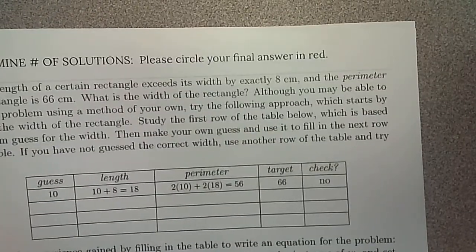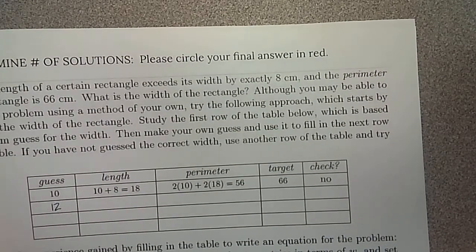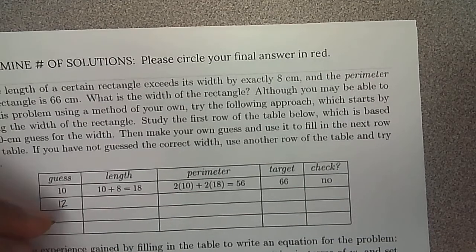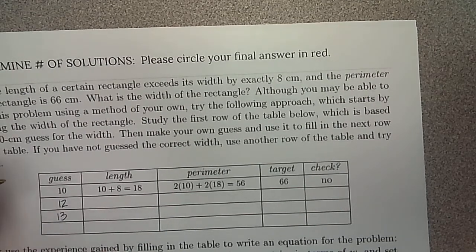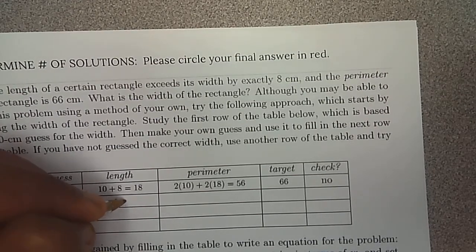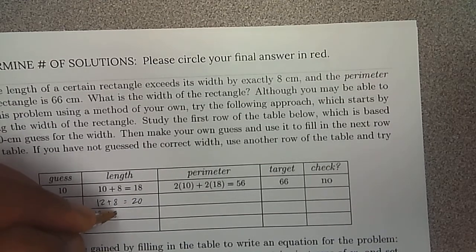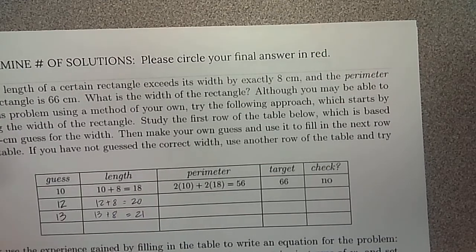All right, on 68, on previous examples, I have used 12, and I had another student use 13. So if you use 12 and you add 8, that gets you 20. And if you have 13 and you add 8, that'll get you 21.